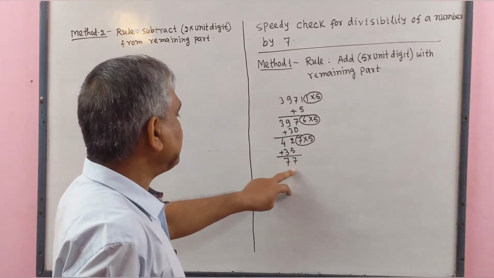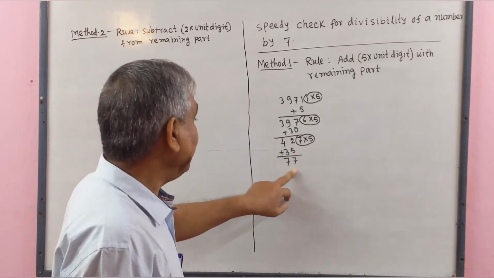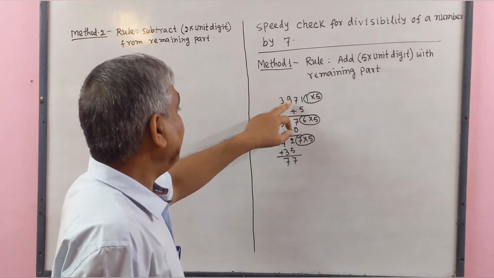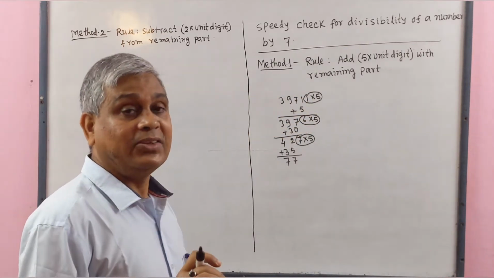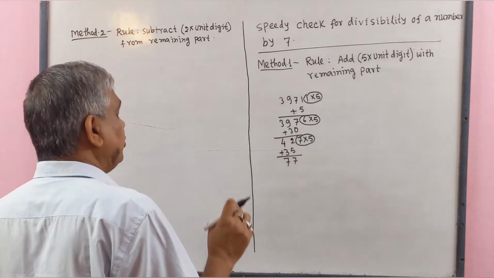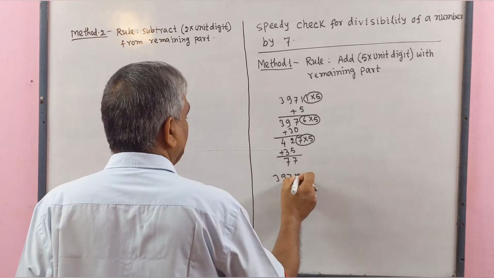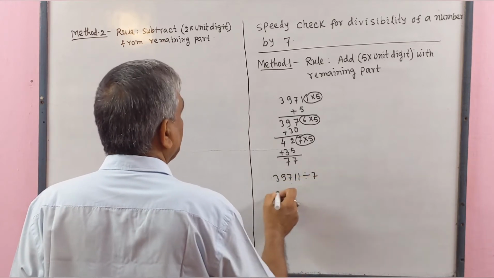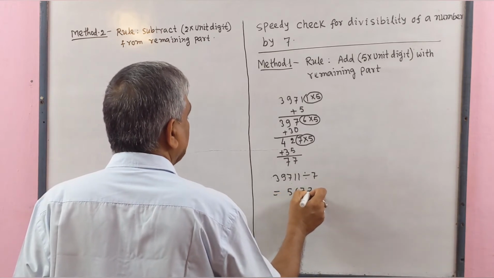Since 77 is divisible by 7, we declare that 39711 is divisible by 7. If we divide 39711 by 7, we get 5673.